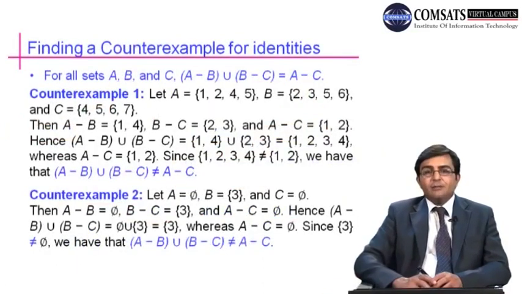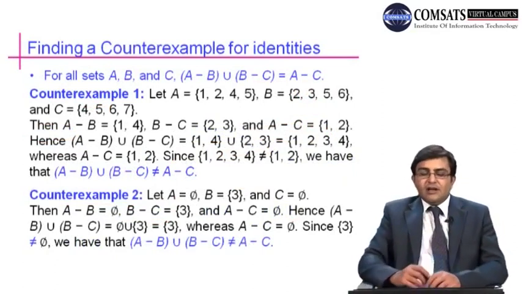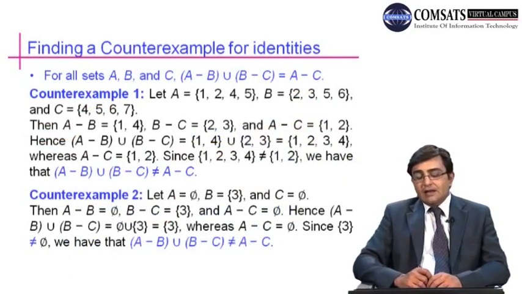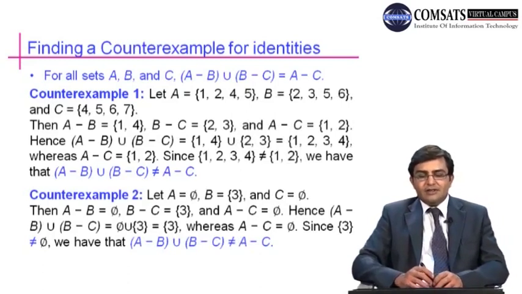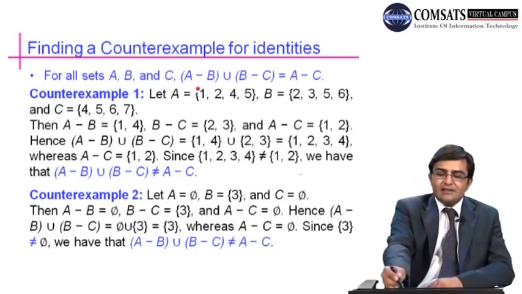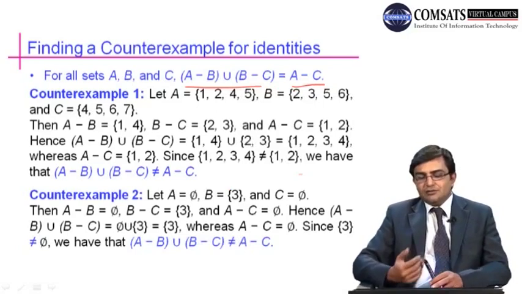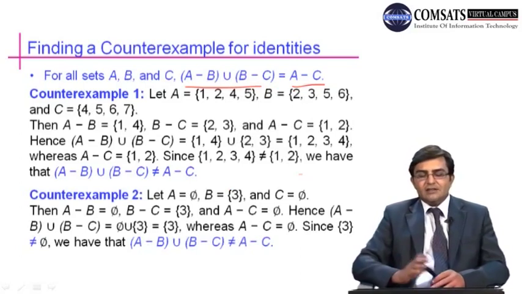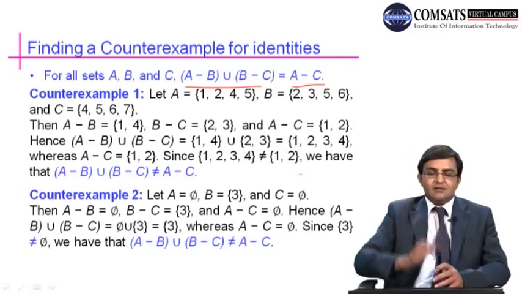Now finding a counterexample for identities. So if we are unable to prove a set identity, then how can we find a counterexample for the identities? For example, we have to prove that this is equal to this, and we use the direct method, we use indirect methods, method of contradiction, method of contrapositive, many other methods, and we are unable to prove that this left hand side is equal to right hand side.